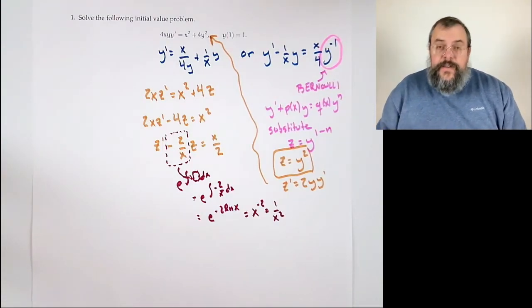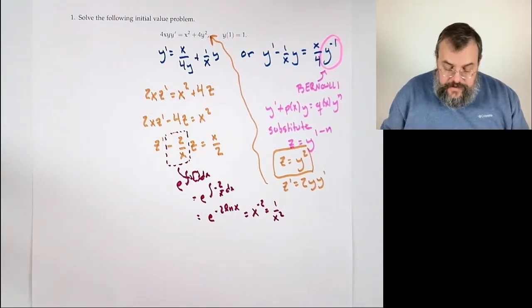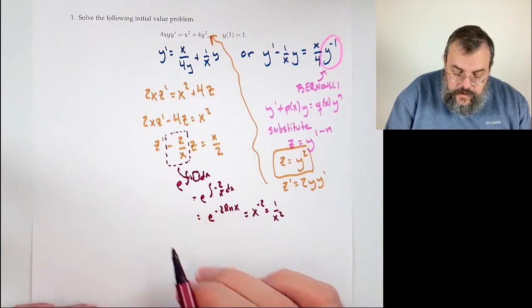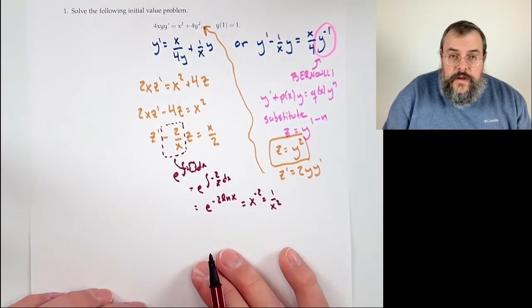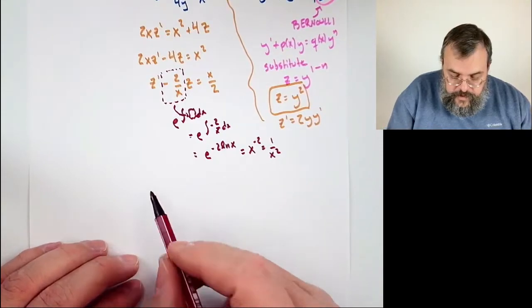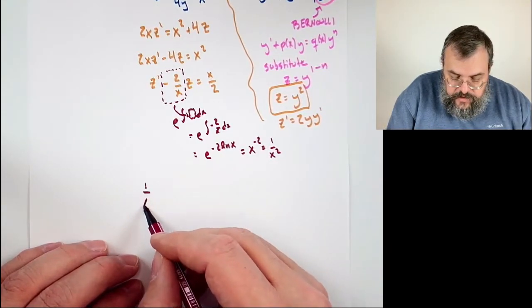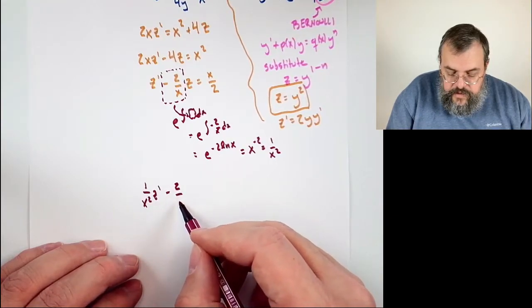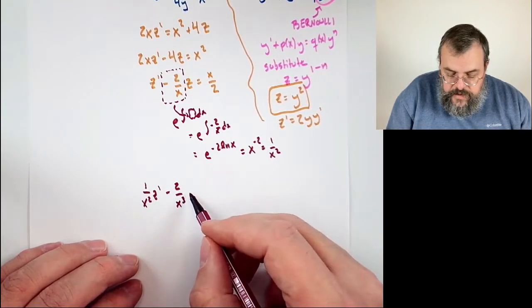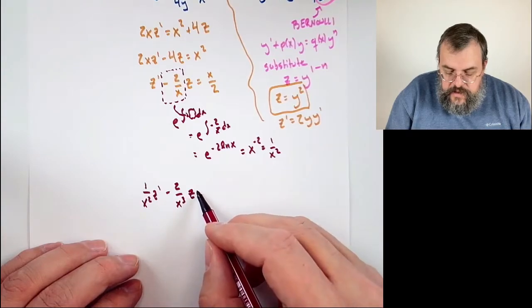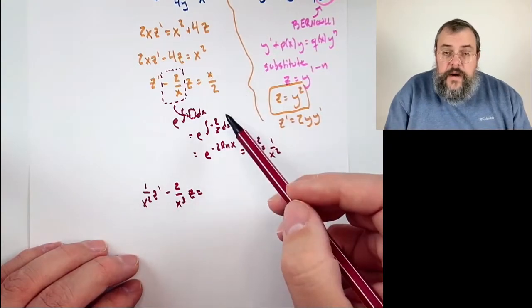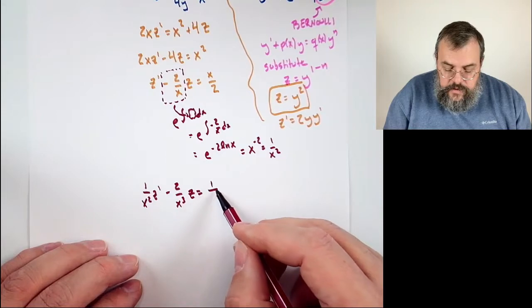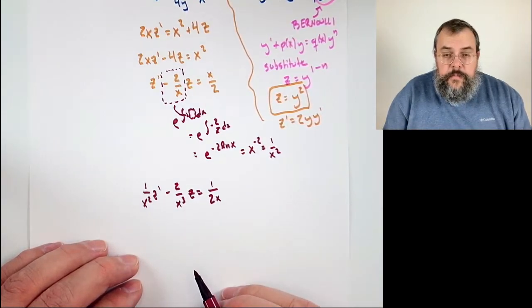All right, so we now multiply everything by 1 over x squared, and what do we have? Well, we have the following. 1 over x squared z prime minus 2 over x cubed times z is equal to 1 over 2x.